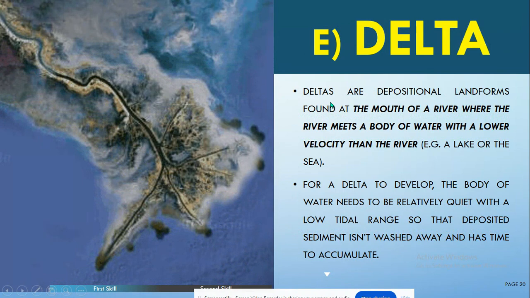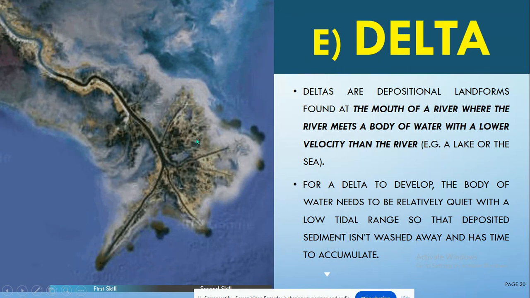We have a delta. A delta, actually, is a Greek letter which is shaped like a D, a triangle. So it's a depositional feature when a river is entering the main water body, like a sea or ocean.